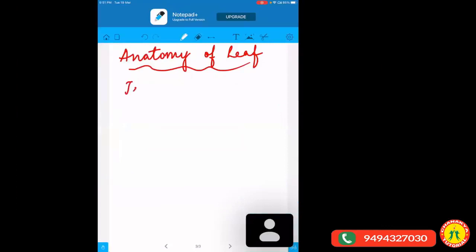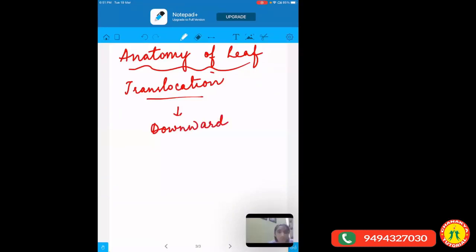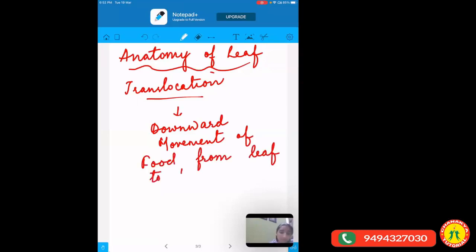Translocation is basically the downward movement of food from leaves to the roots. So when the food starts moving from leaf to the roots, it is called translocation.